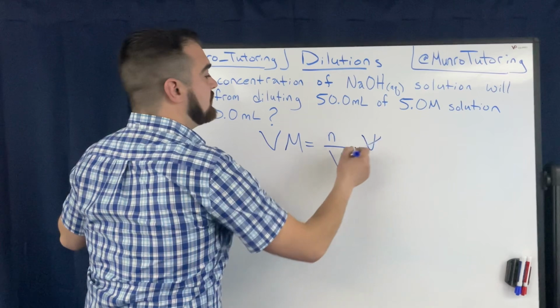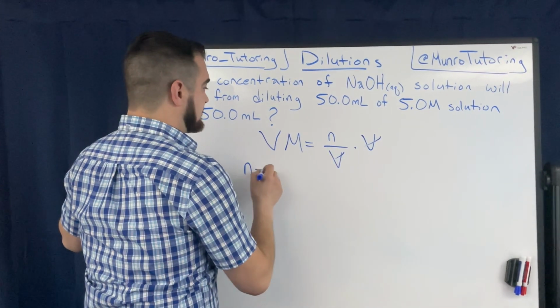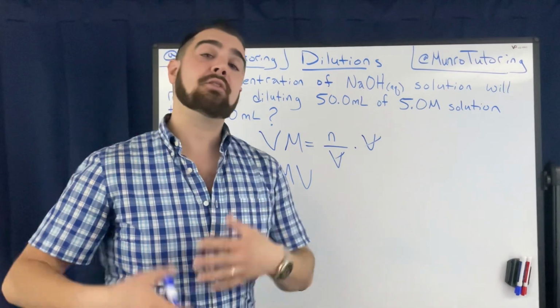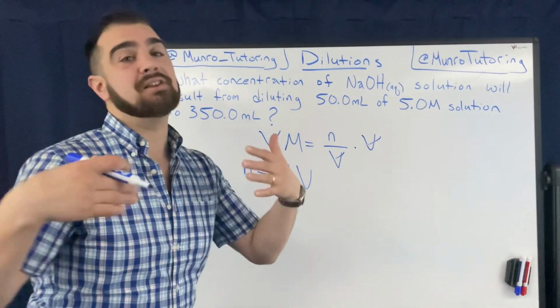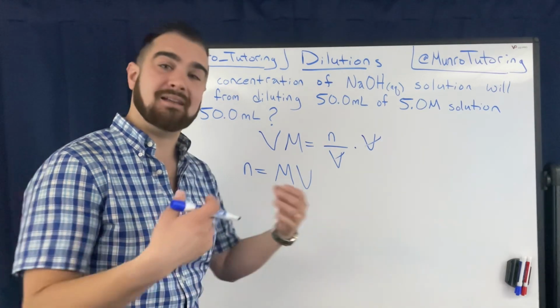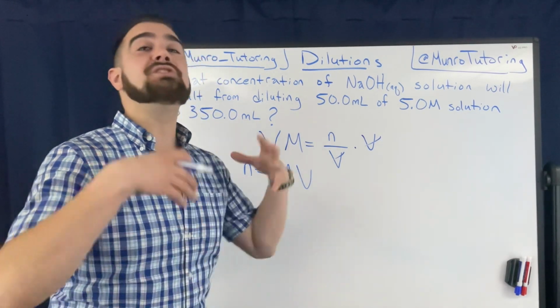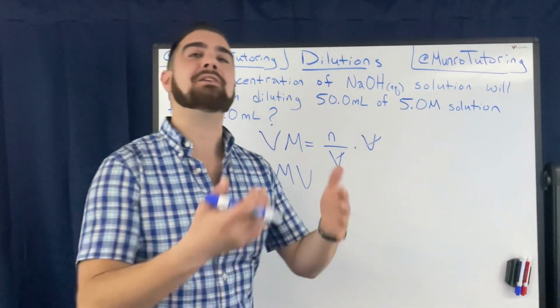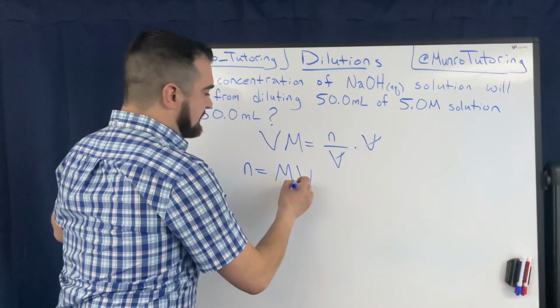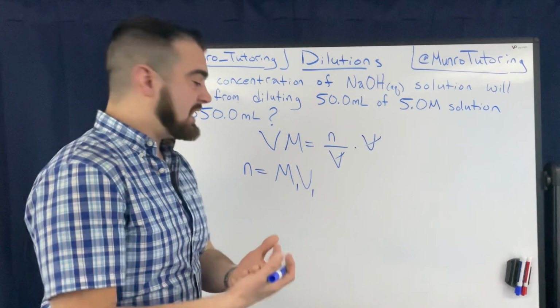And now we can say, okay, the moles is equal to the molarity times the volume. We could also say that the moles at one point in time is equal to the molarity at that point in time times the volume at that same point in time, which is going to be equal to the moles at a later point in time. In other words, the molarity and the volume being multiplied gives us the moles.